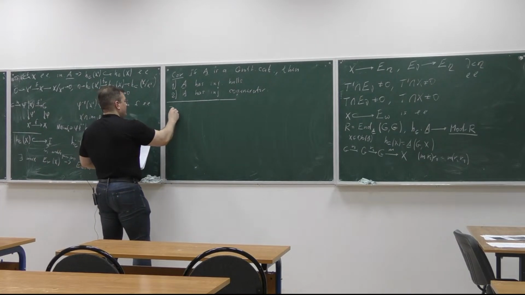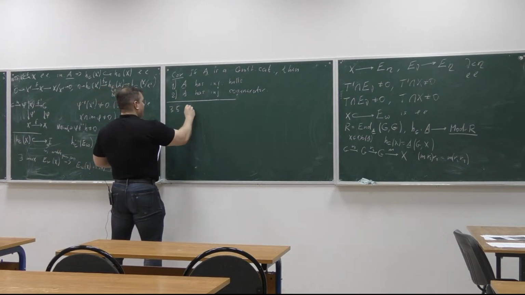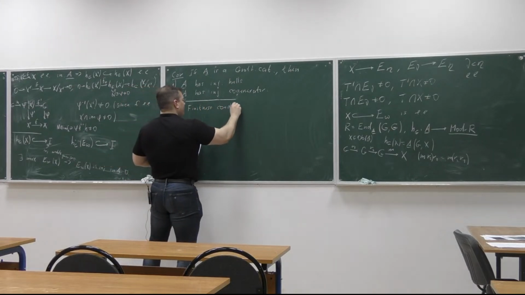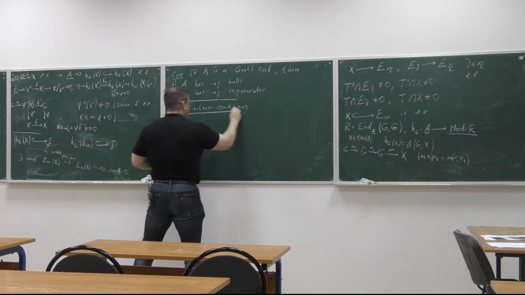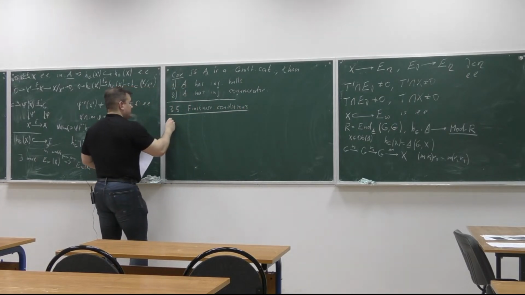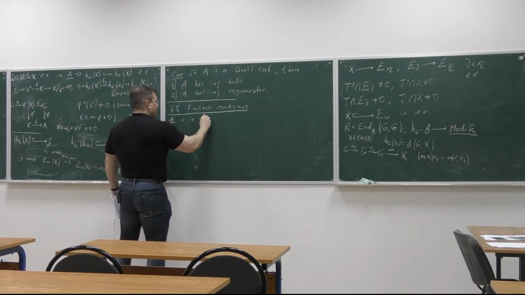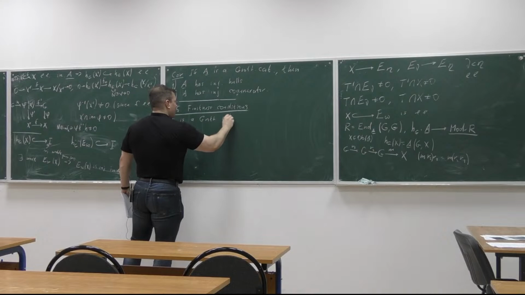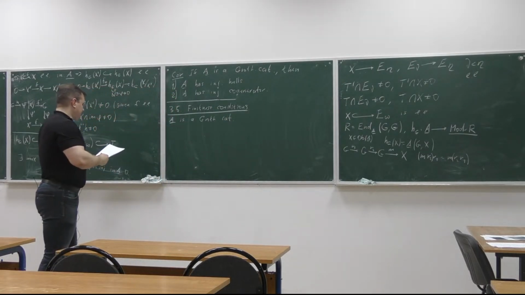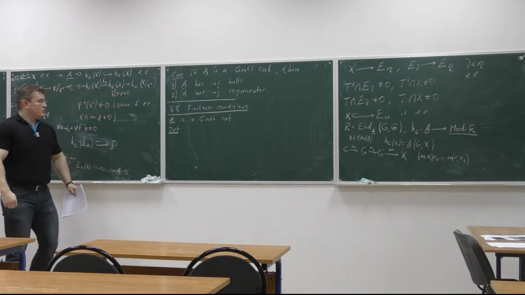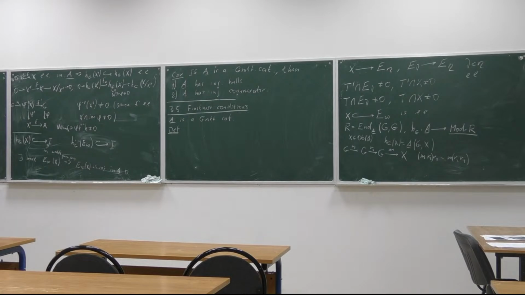So next section: finiteness conditions. In this section, if I'm talking about a category A, then A is a Grothendieck category. Essentially, you know that for modules there are two important finiteness conditions.